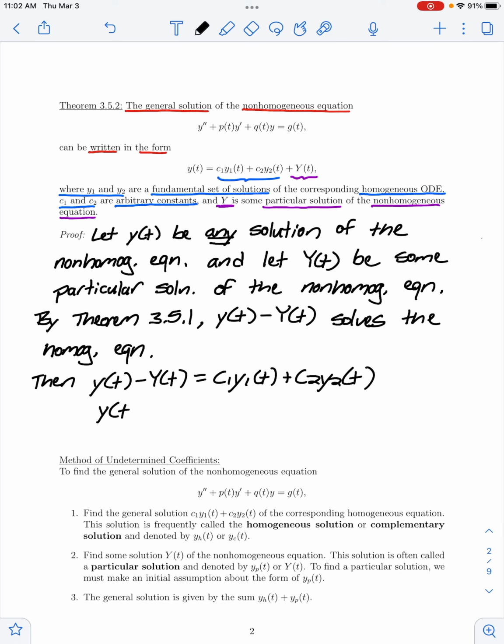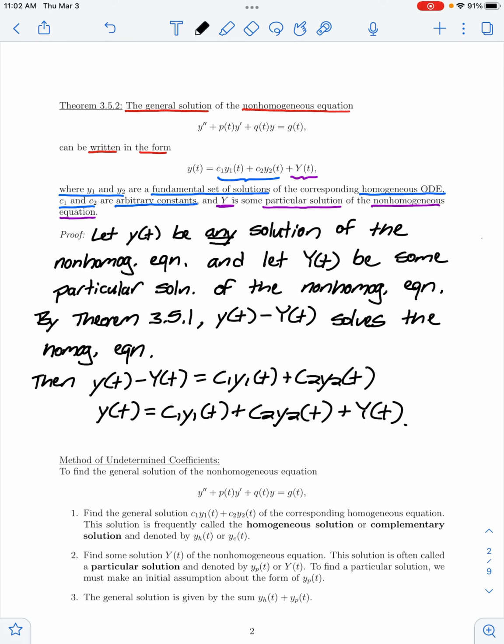And so y of t, if I add capital Y to both sides, would be c1y1 plus c2y2 plus capital Y of t.